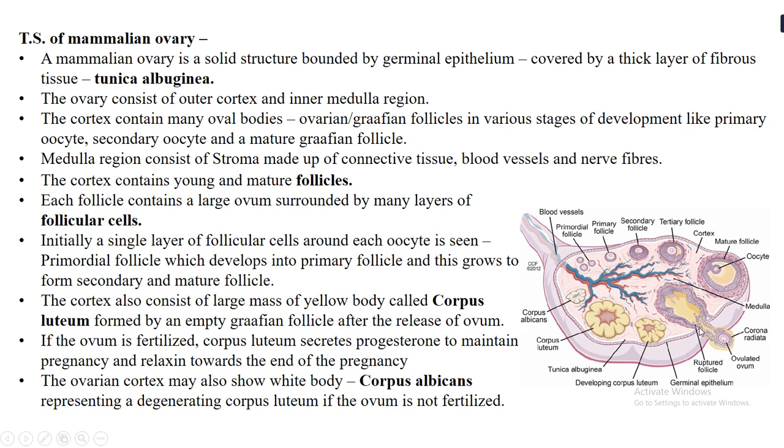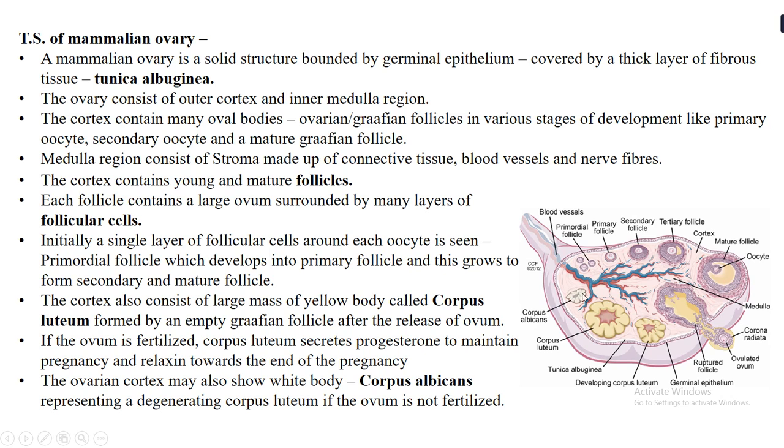And relaxin is another hormone, released towards the end of the pregnancy, when the female is delivering the child. At that time there is a secretion of one more hormone, which is known as relaxin. So progesterone is at the start of the pregnancy, and relaxin is the hormone released at the end of the pregnancy.